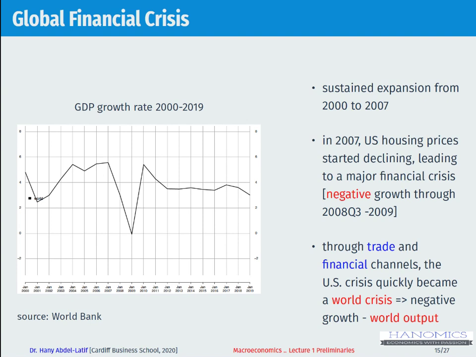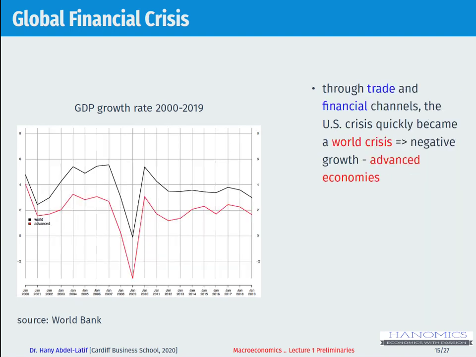And what you can see in this graph, looking at the world GDP growth, is that big, steep dip down there, so it became negative, below 0. And if I look at advanced economies, which is the red line, you will see how bad it was.